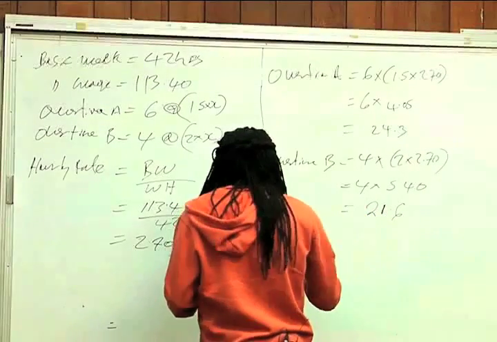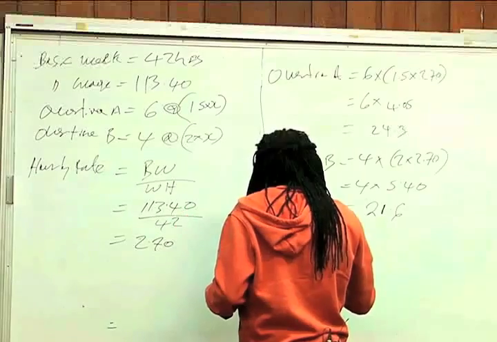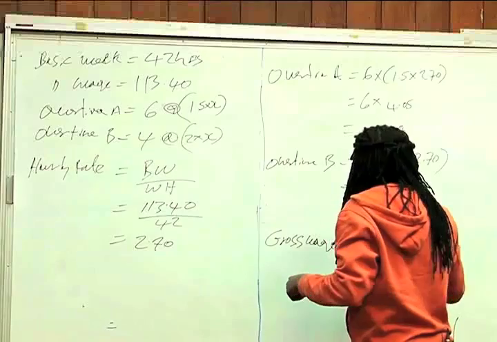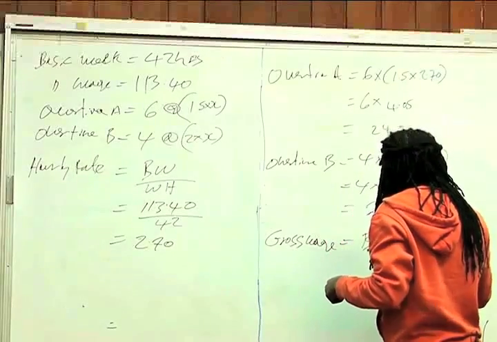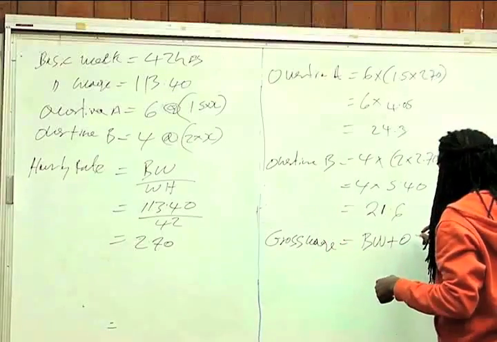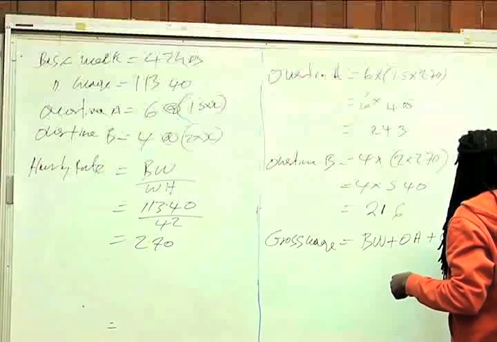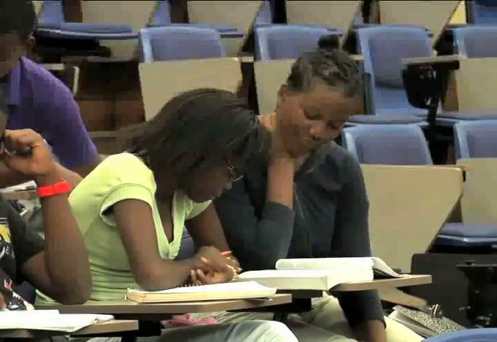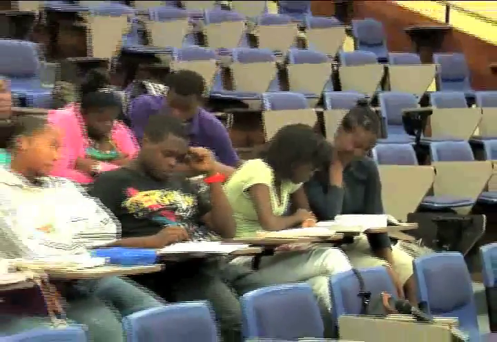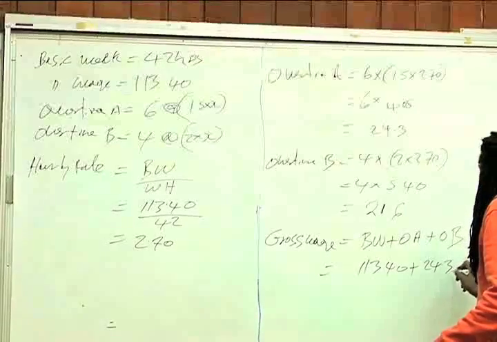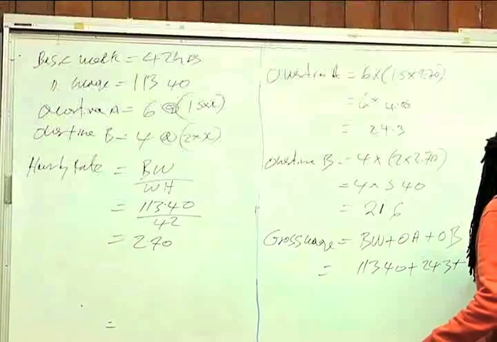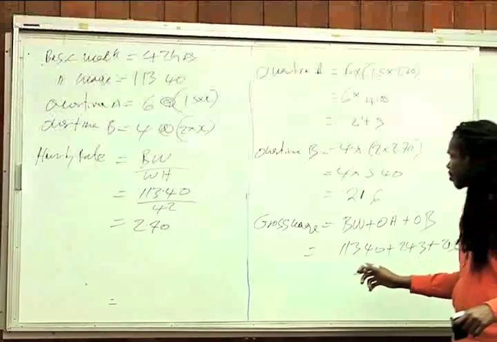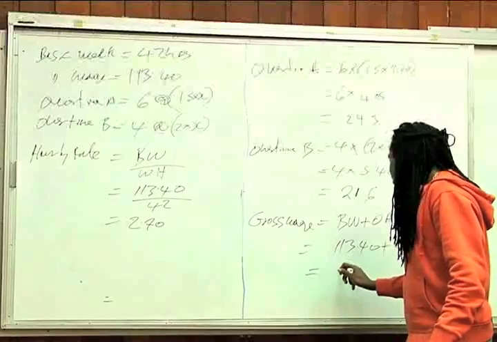So gross wage is equal to basic week plus overtime A plus overtime B. Basic week is 113.4 plus 24.3 plus 21.6. Gross wage means all his wages. Equal to how much?